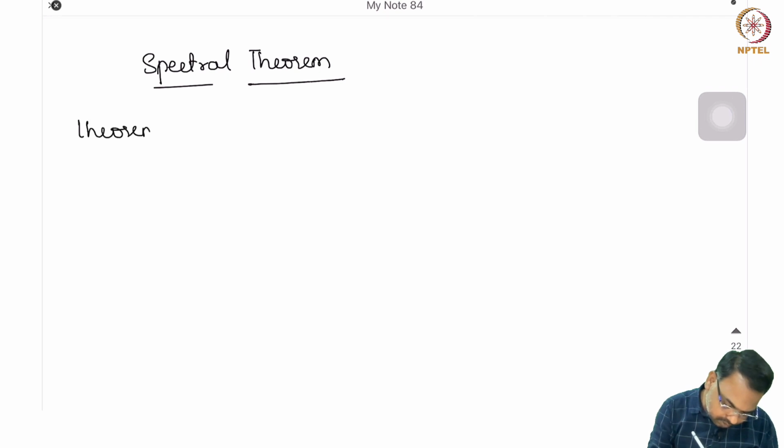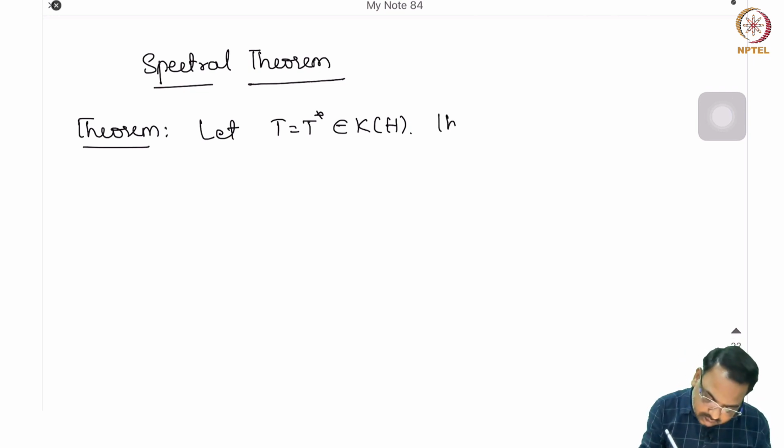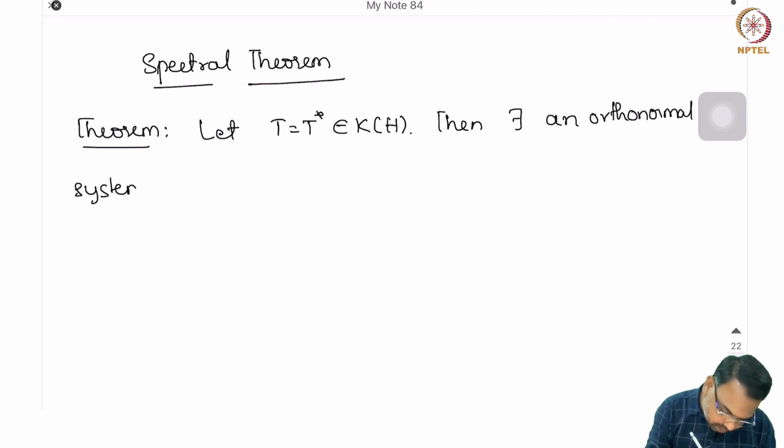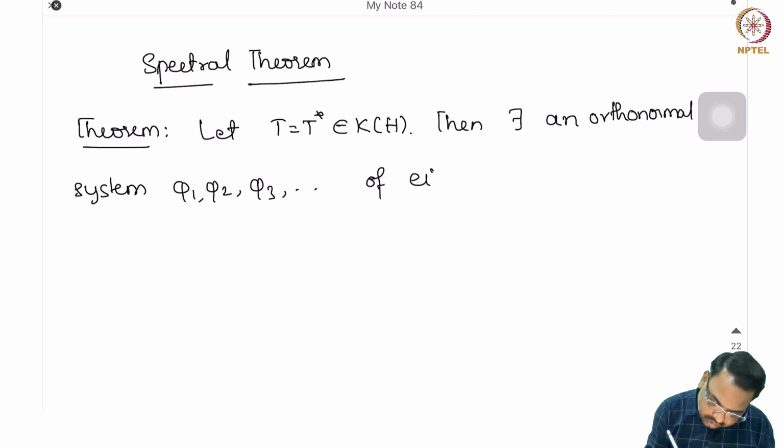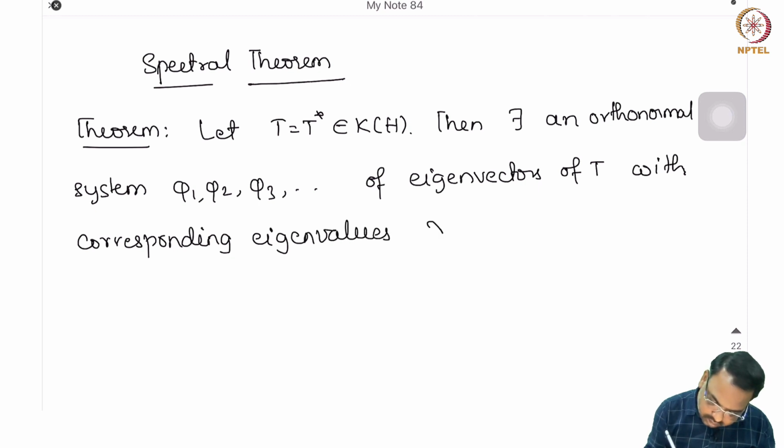Theorem. Let T be a self-adjoint compact operator defined on a Hilbert space H. Then there exists an orthonormal system phi 1, phi 2, phi 3, and so on, of eigenvectors of T with corresponding eigenvalues lambda 1, lambda 2, lambda 3, and so on.